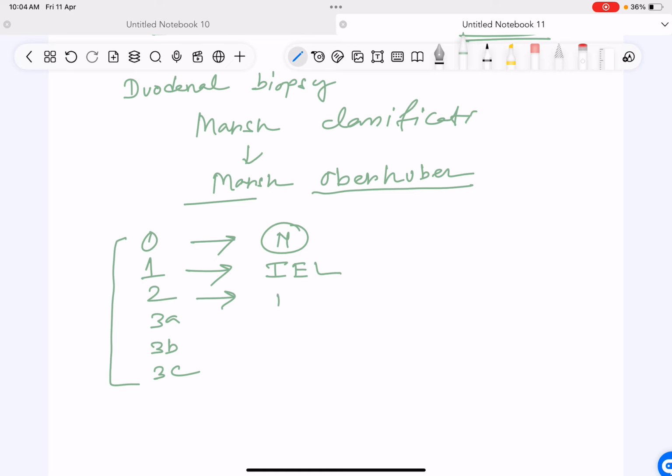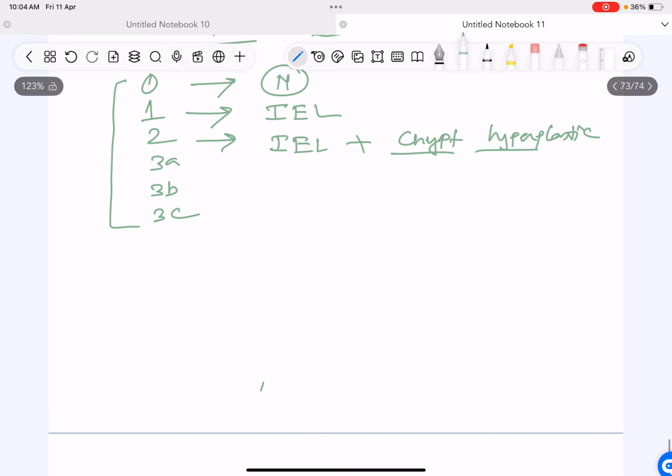Next step, we have IEL plus the crypts become hyperplastic. Crypts become hyperplastic. There are a lot of cells now in the crypts. So you know, in the histology, we have the villi, the projections, and then we have crypts.